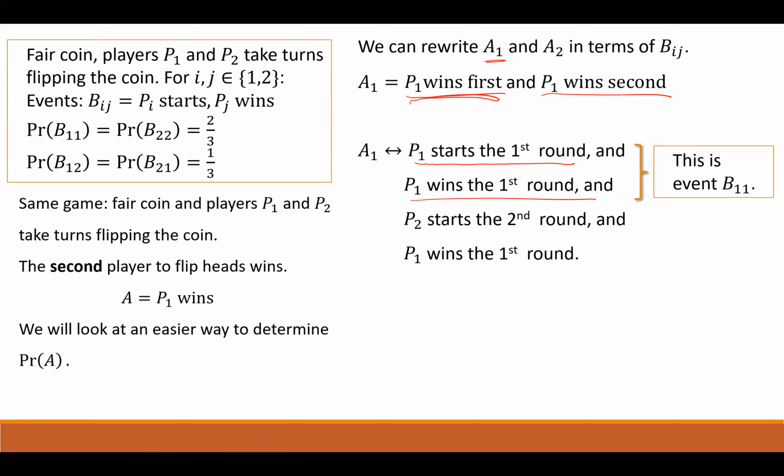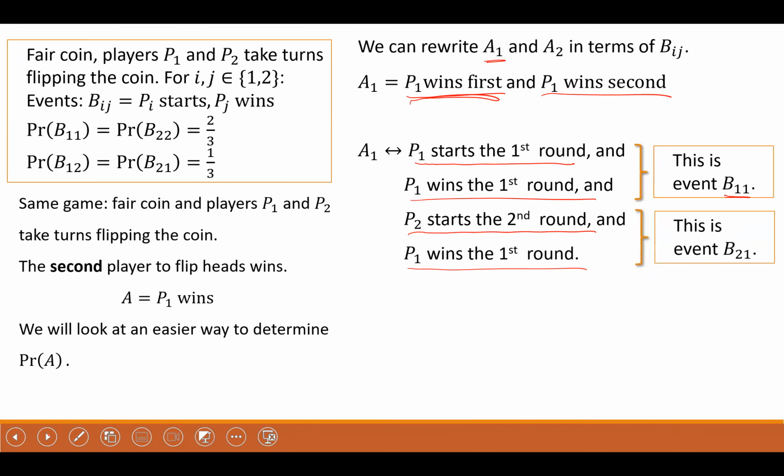And because player one wins the first round, player two starts the second round, and then player one wins the second round. All right, so if I divide it into those two substrings, the first substring is B11, right? Player one starts the first and wins the first round. And then that's concatenated with this substring B21, this event B21, where player two starts the second round and player one wins the second round.